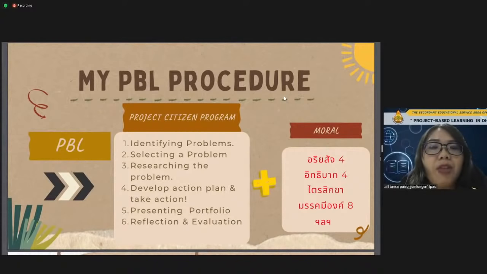Students have to pick one or more moral principles, the Dhamma principles, and use them as a part of solving the problem in their project. I'm sorry, I am a social studies teacher. If I'm not good at English, I'm so sorry.